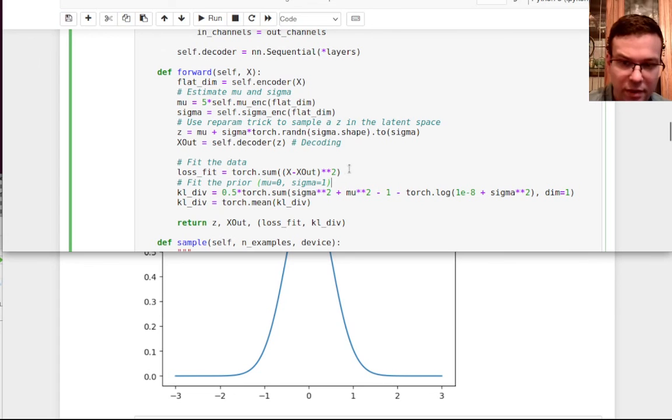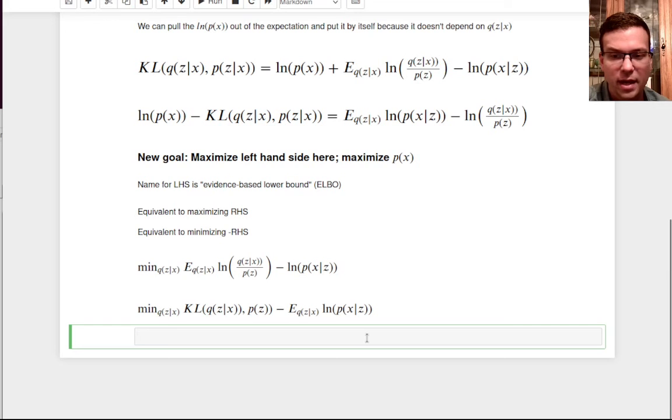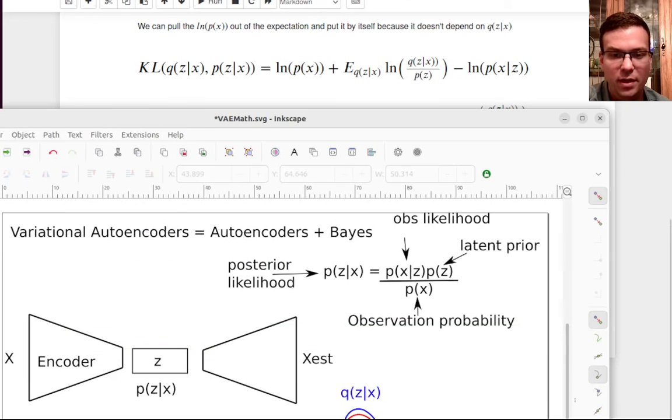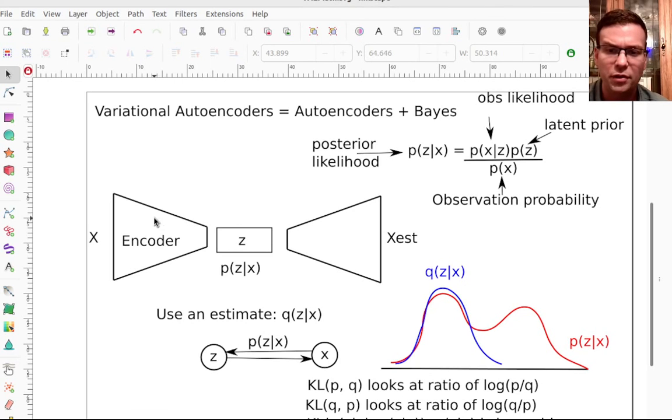The only other thing I need to explain here is why I have this particular fit for my loss. If we go back to our equation, somehow that's this second term here, and it's related to P x given z. P x given z is the observation likelihood in Bayes' formula. So given a latent vector, that's how likely it is that I would have had this input x to my autoencoder. Now what's actually happening is it's reconstructing an estimate.